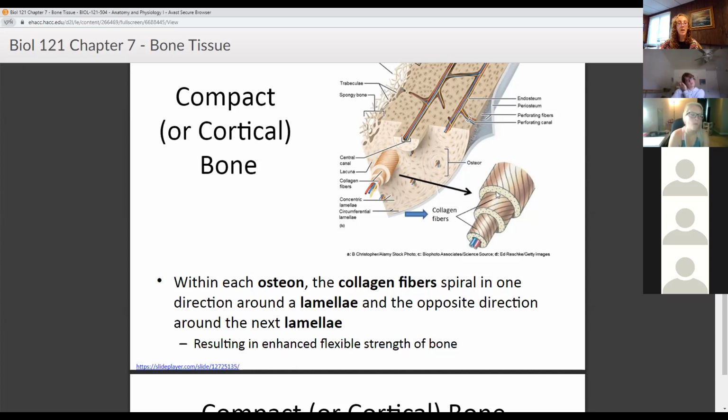And in the next concentric lamellae, the collagen fibers spiral in the opposite directions, giving it that individual flexibility, allowing it to spiral in both ways.